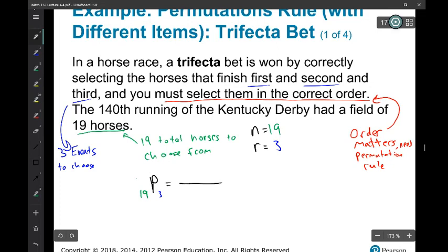So from our formula, we get 19 factorial divided by the factorial of 19 minus 3. So that's 19 factorial, and we do the subtraction first. 19 minus 3, 16.